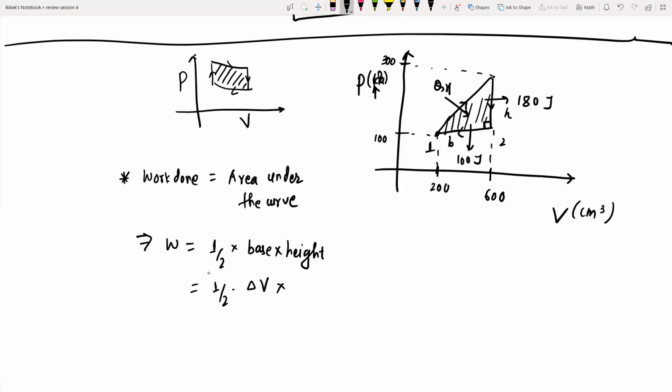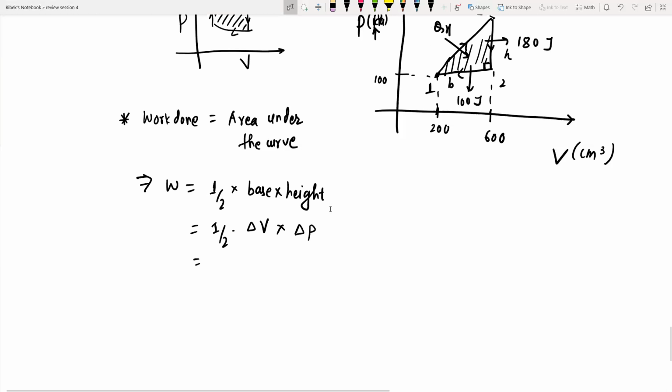So that is your delta p. Okay. So why do you need half? Because it's not a square. If it was a square or a rectangle, there won't be half. There will be just base times height, and that will keep your triangle, rectangle.